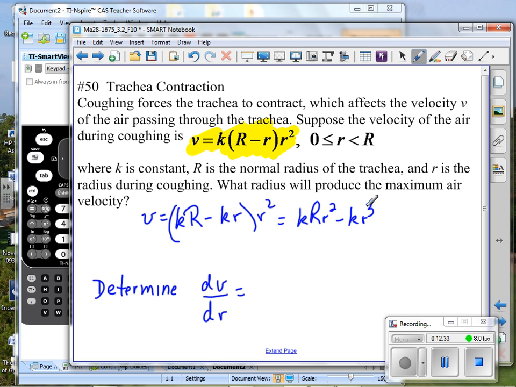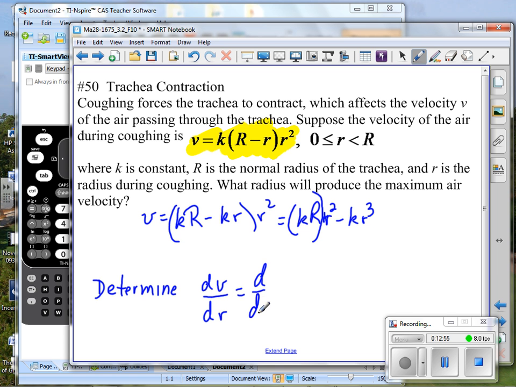I mean, you can do whatever you want, okay? I'm just giving you some options here. So if I want to find that derivative, what is K capital R? Constant. Okay, like a coefficient. You might as well have said 2. Okay, same thing. So what's the derivative? I'm going to write it out here.